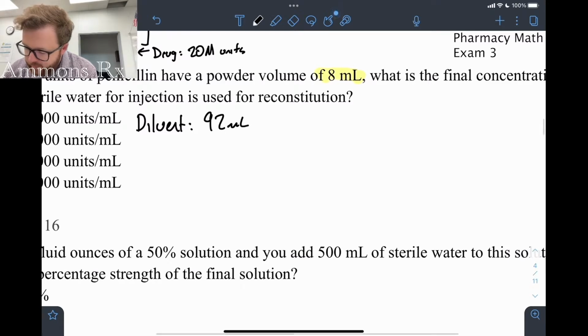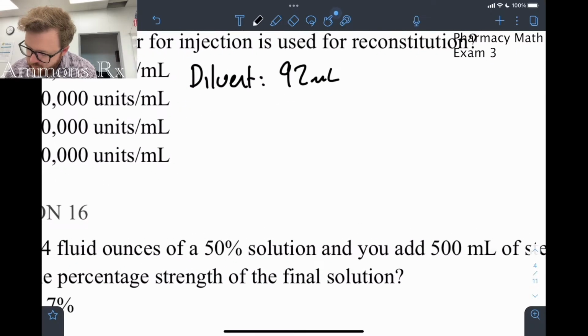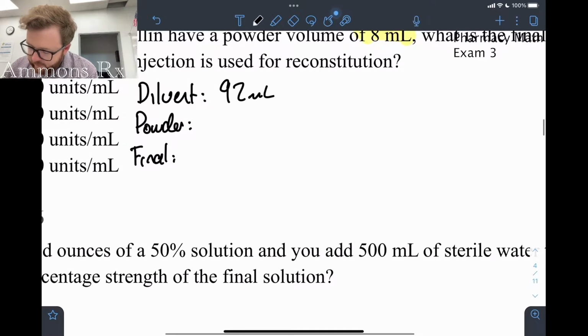So now we have a powder volume of 8 mils. A final is FV equals, do we have PV?